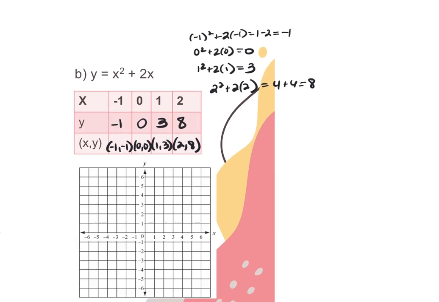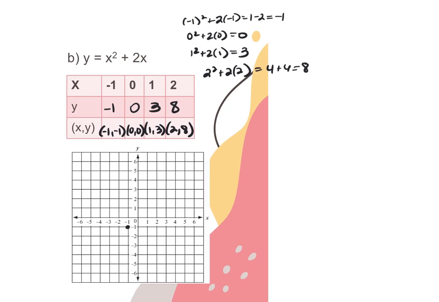And then plotting it. Negative 1, negative 1. 0, 0. 1, 3, 2, 8. When I connect these, I just get this kind of part of my graph. But if you use your prior knowledge and you looked at that equation, what would you have expected to graph? A parabola. It's an x squared, right?